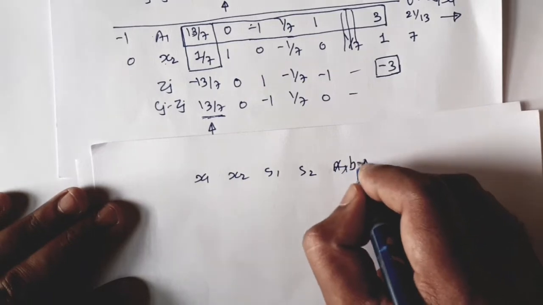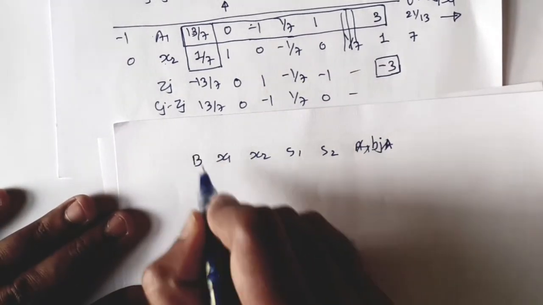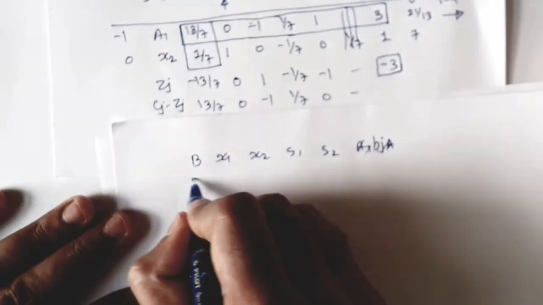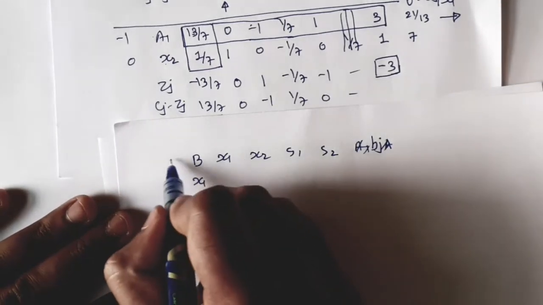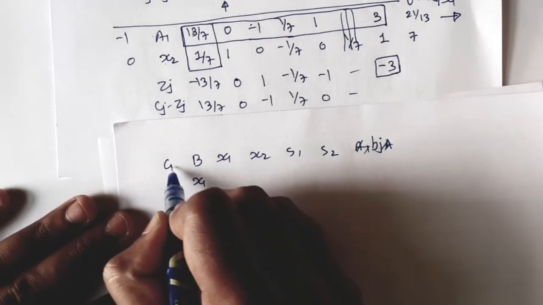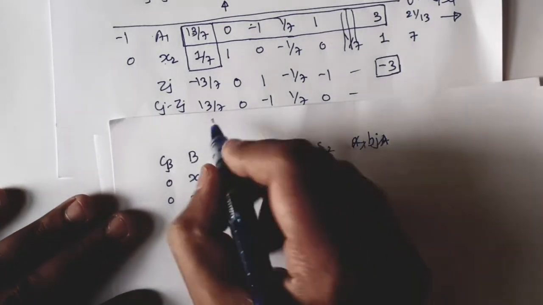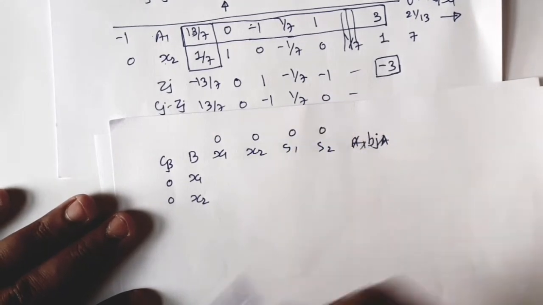So we will write only the bj value here directly, and then the basis column, in which instead of a1, x1 will be there. So x1 and x2, and the coefficient of the basic variables in the objective function, which is 0, 0 over here, and here 0, 0, 0 and 0.